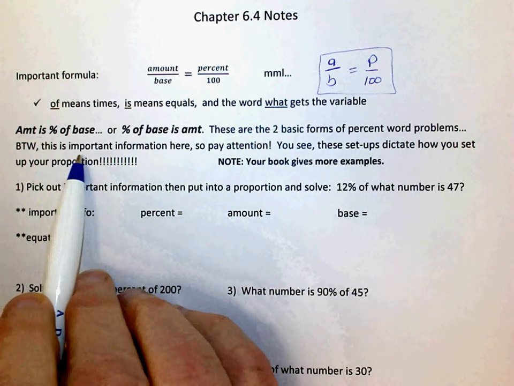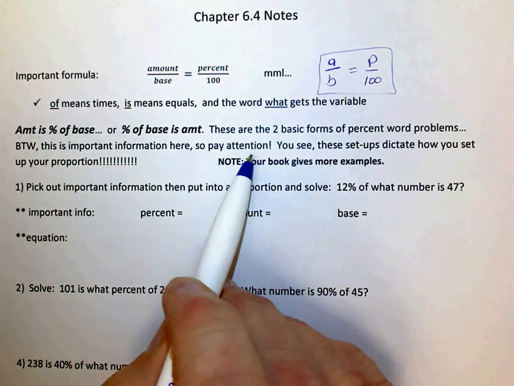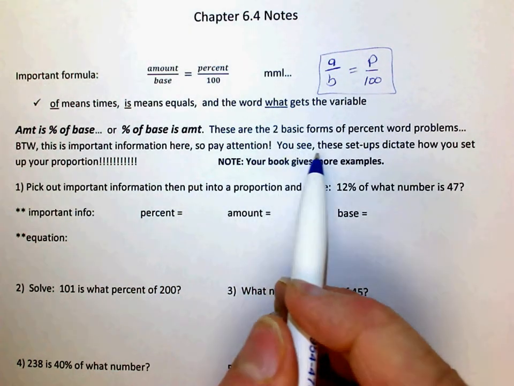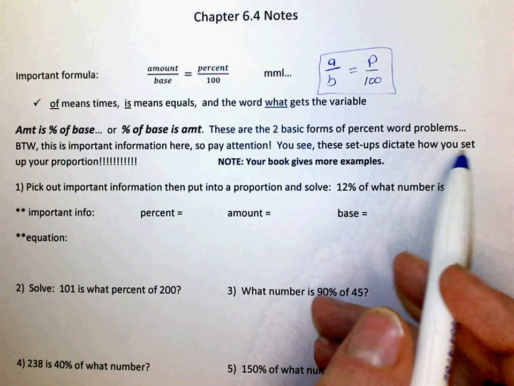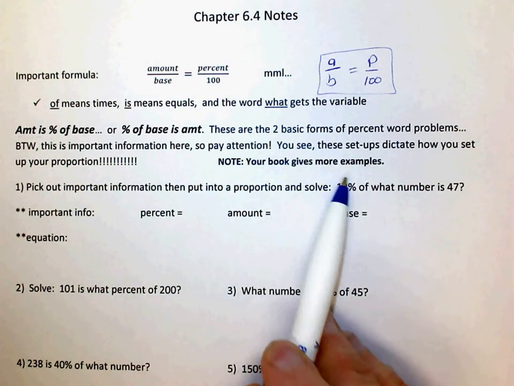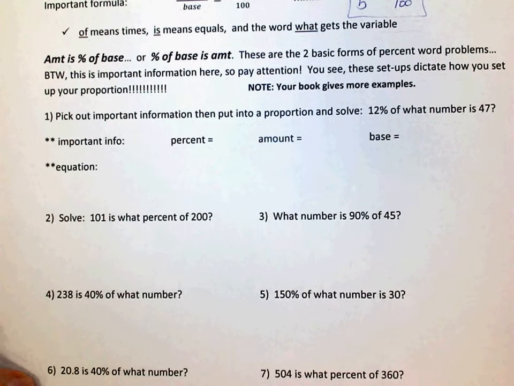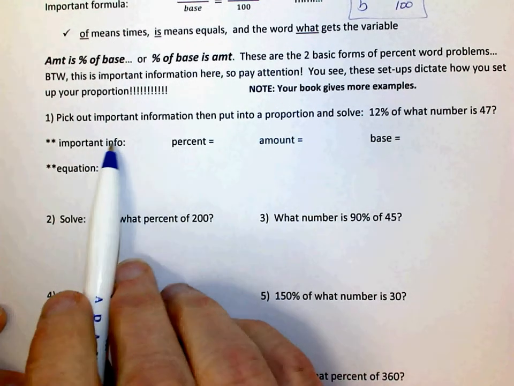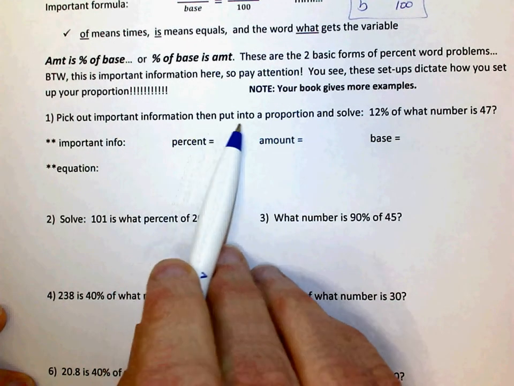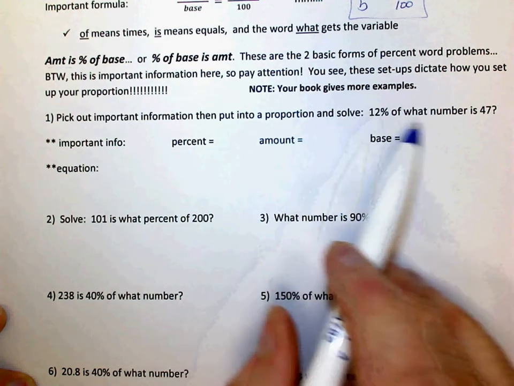By the way, this is important information here, so make sure you pay attention. You see, these setups dictate how you set up your proportion. Note, your book gives more examples than what I'm showing here. Now, pick out important information, then put into a proportion and solve.